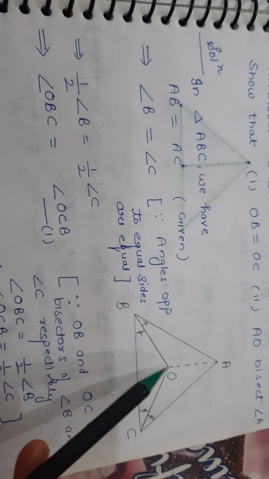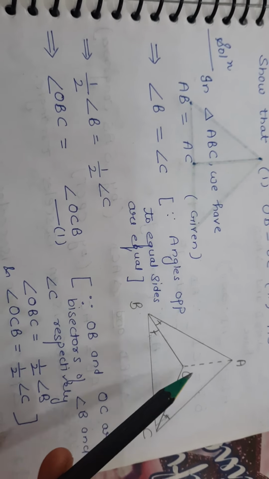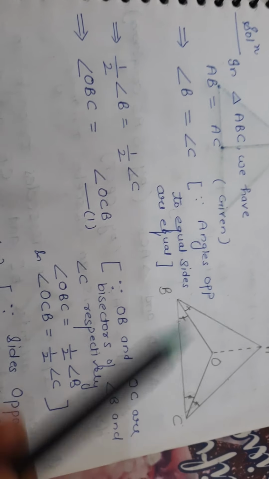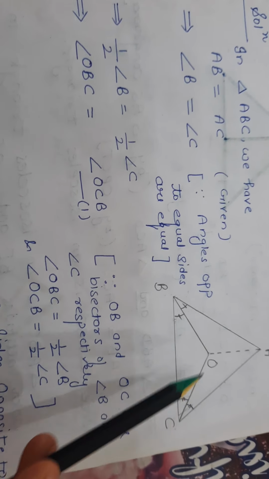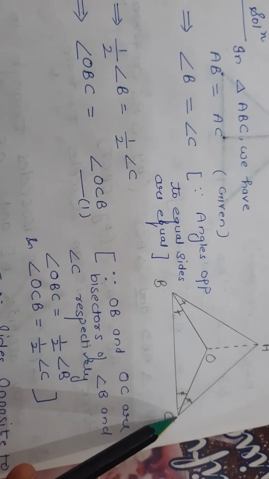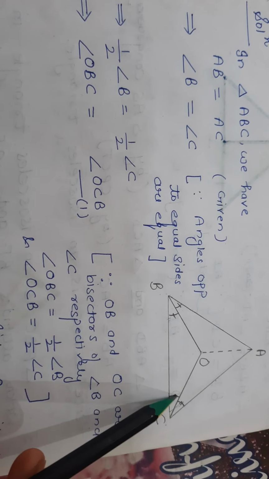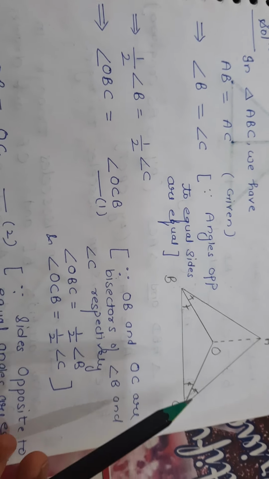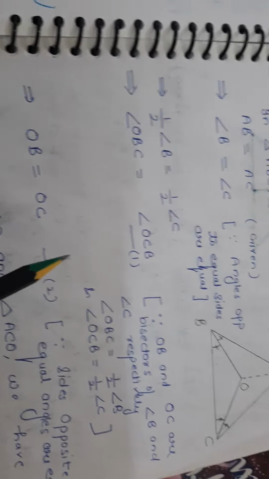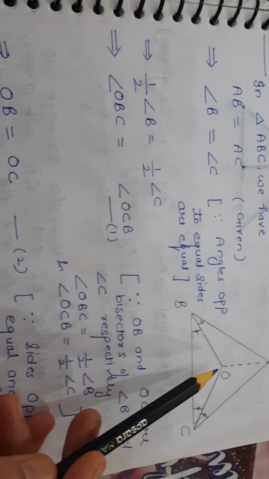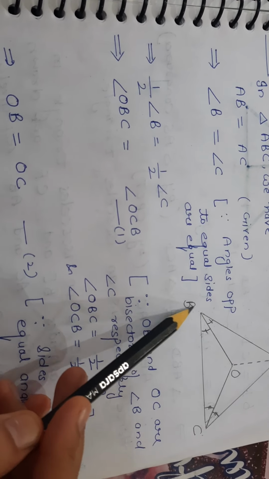So I am writing half of angle B is equal to OBC. Similarly, half of angle C is equal to angle OCB. This is your angle OCB. Done? Next thing.